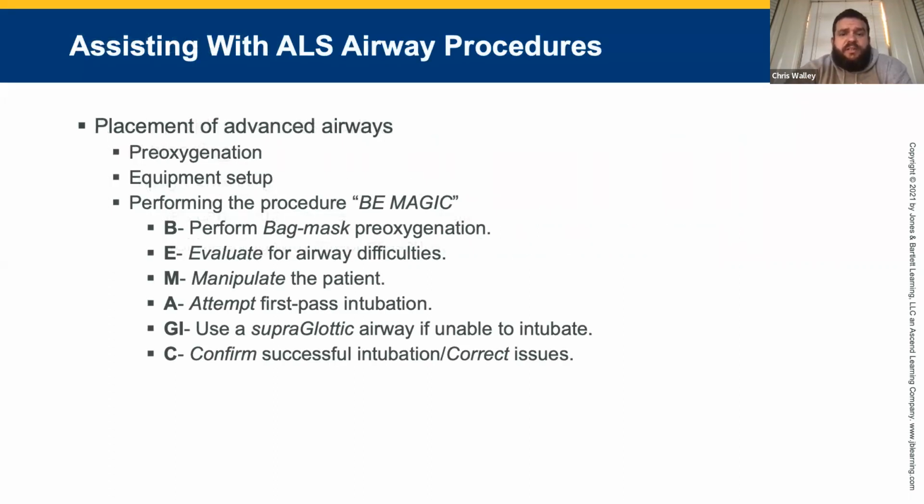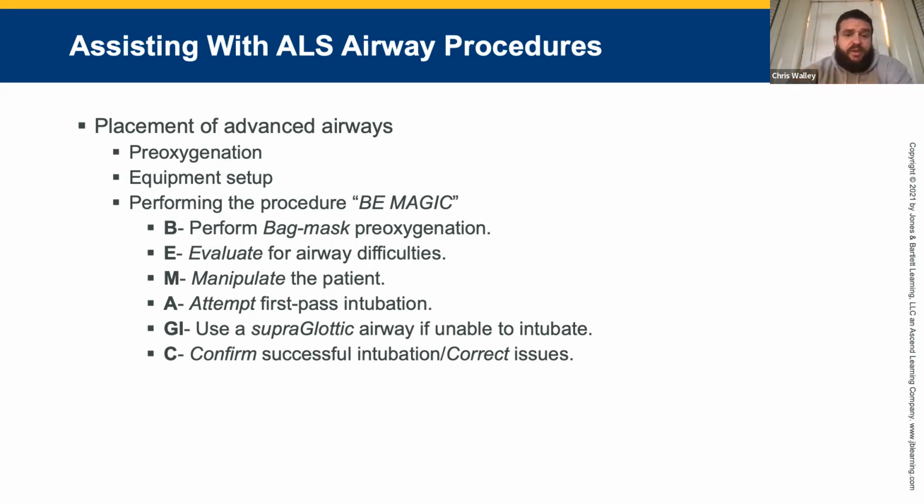Assisting with ALS procedures: when a critical patient needs an advanced airway or an intervention, the paramedic will perform these skills, but the EMT plays an essential role in helping, performing BLS airways and ventilatory maneuvers, and may help monitor the patient. So, assisting the placement of an advanced airway, endotracheal intubation.